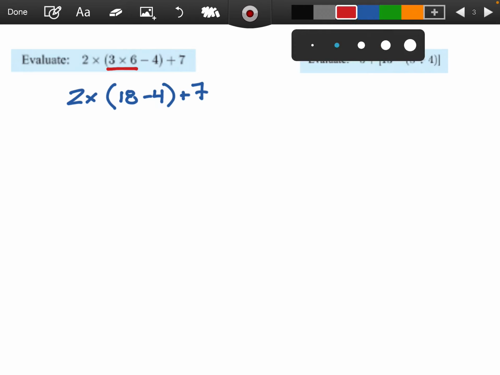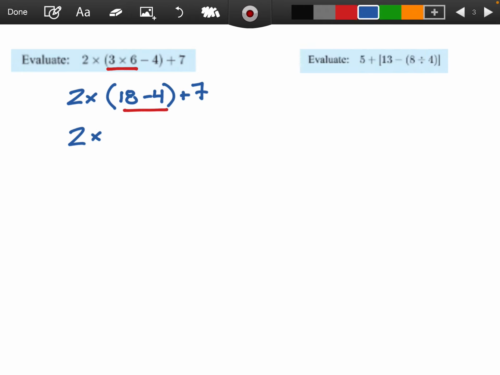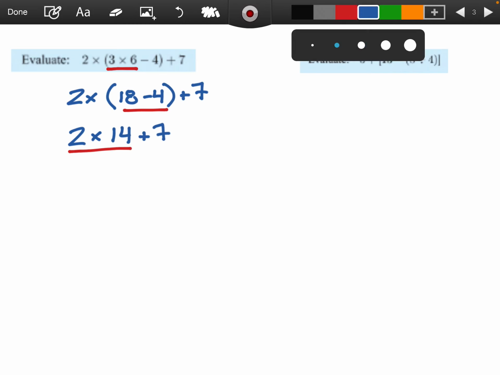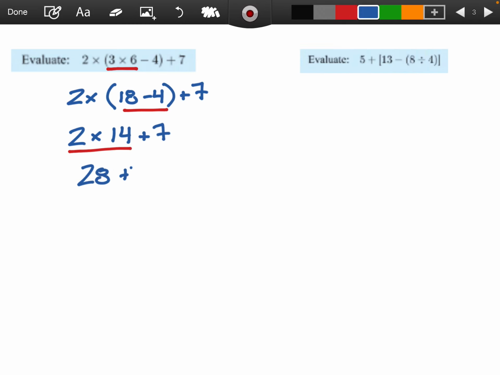Then next I'm going to continue working inside the brackets. We've got 2 times 18 minus 4 gives me 14 plus 7. Work on the multiplication next. 2 times 14 gives me 28 plus 7. Complete the question by doing that final addition to give me an answer of 35.